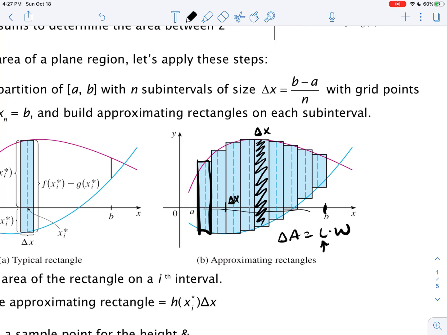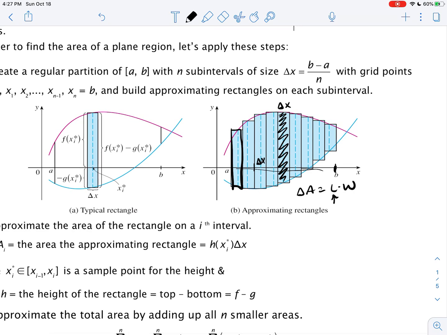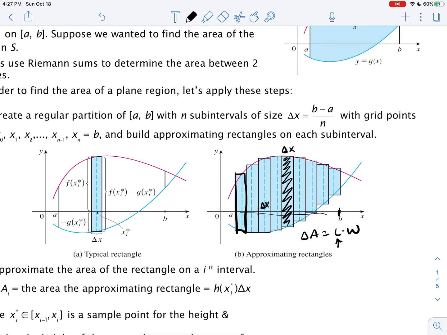And so what would our length be? And typically when we were doing areas under the curve, area under the curve is actually trapped by the y equal to 0 axis. But if we take a look and see if this is our f of x curve in pink and our g of x curve in blue, and looking at this height here, this is going to be our f of x height, and down here our curve in blue is going to be our g of x height.